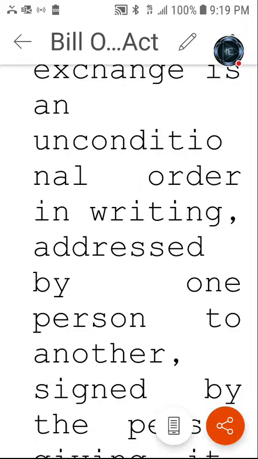If it's a bill of exchange, it's an unconditional order. That means these rules go into effect whether you want them to or not.